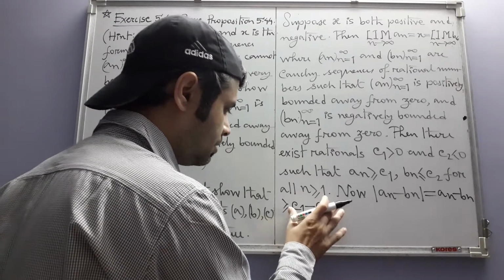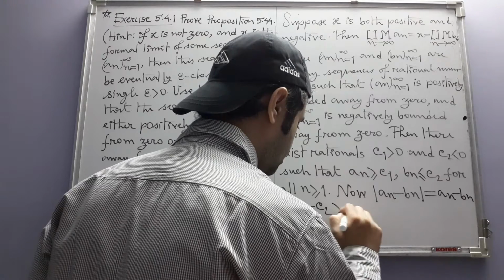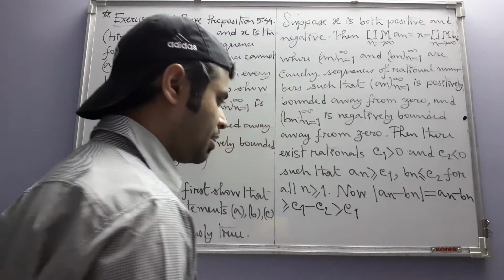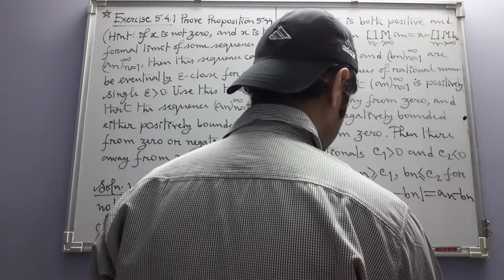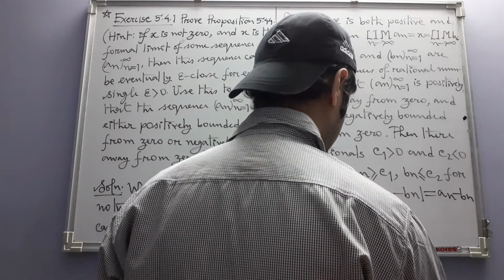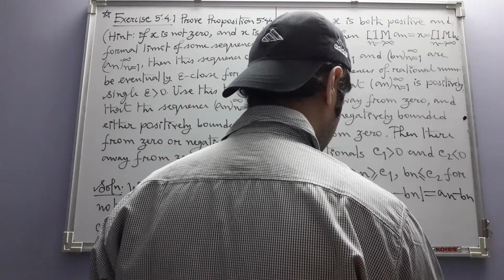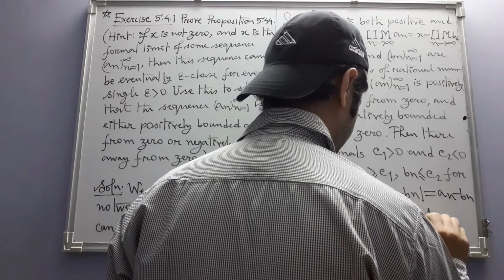That means this will be strictly greater than c1 because minus c2 is positive, for all indices n greater than or equal to 1.